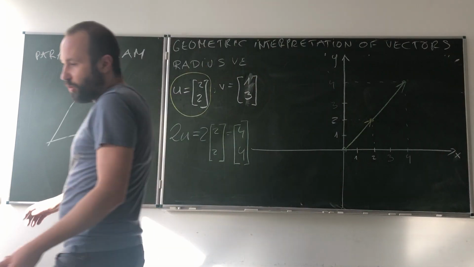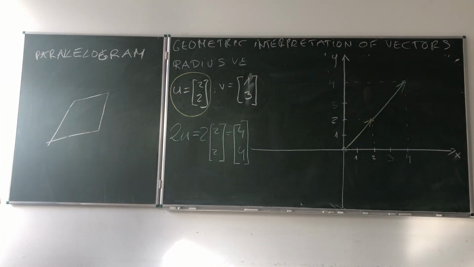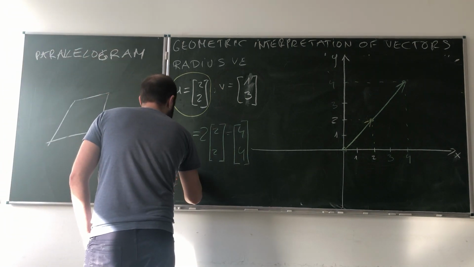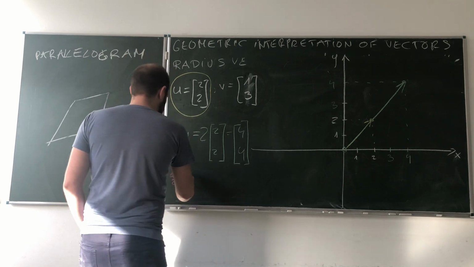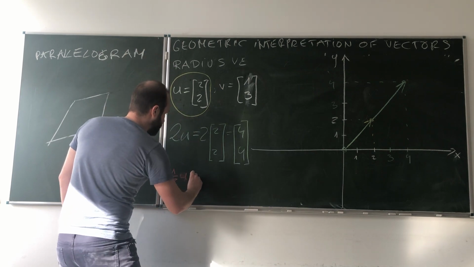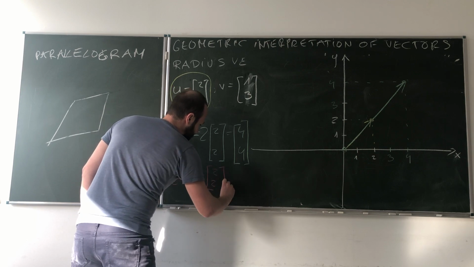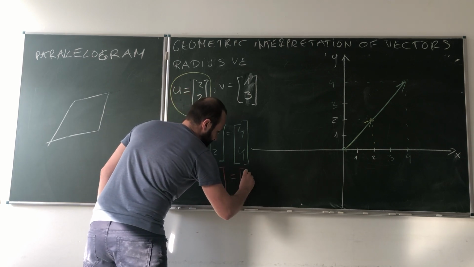Okay, so what would we get if we wanted to have 1 over 2u as a vector? Well, we would multiply our vector by 1 over 2, and we would get, you see, 1 and 1.